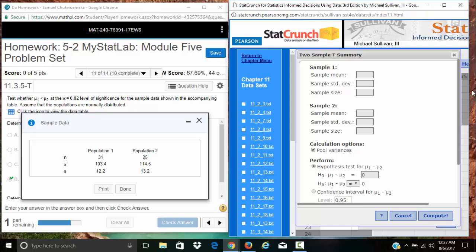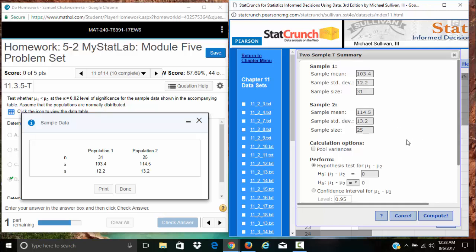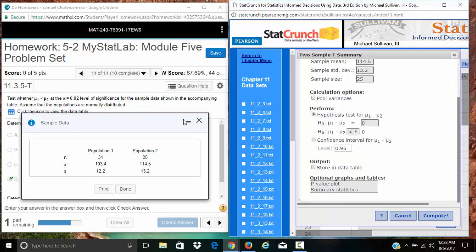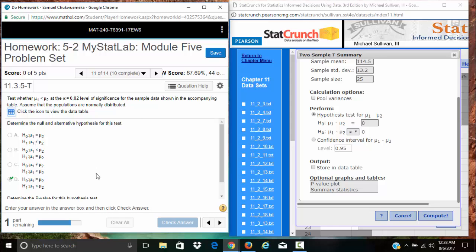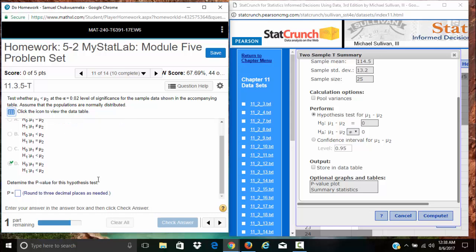Sample mean for the first sample from population 1 is 103.4. Standard deviation 12.2. Sample size 31. Sample mean here is 114.5. Standard deviation 13.2. Sample size 25. Make sure you uncheck this pool variances. Uncheck it, please. And what do they want us to do now? They want us to determine the p-value for the hypothesis test.